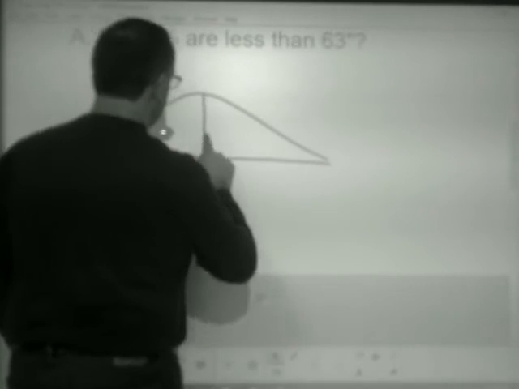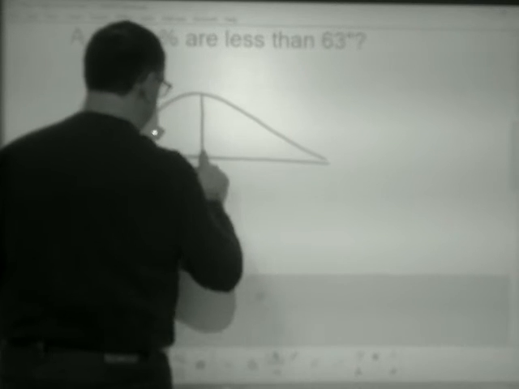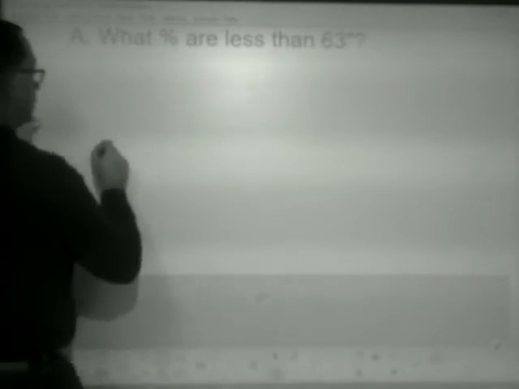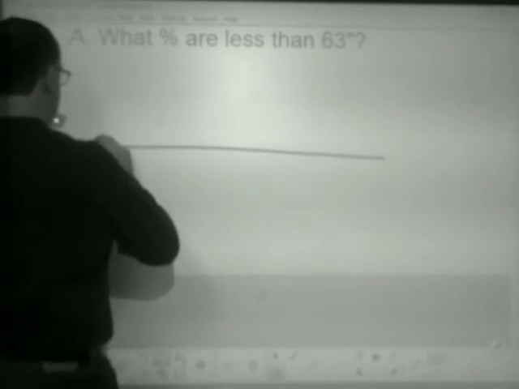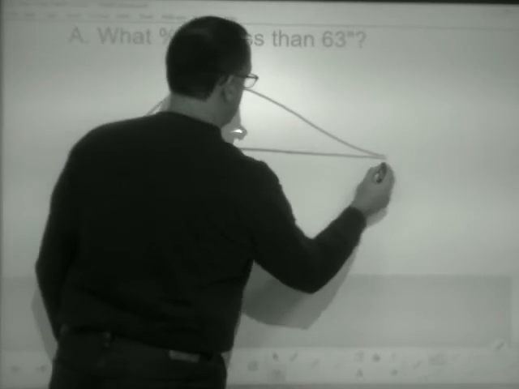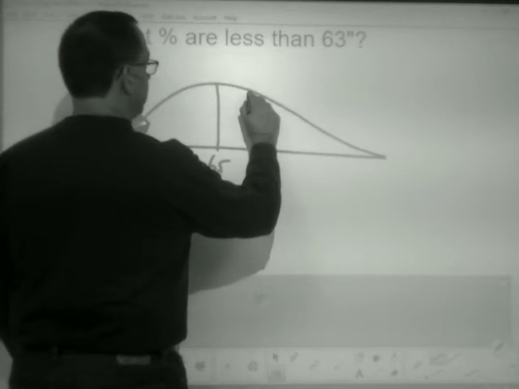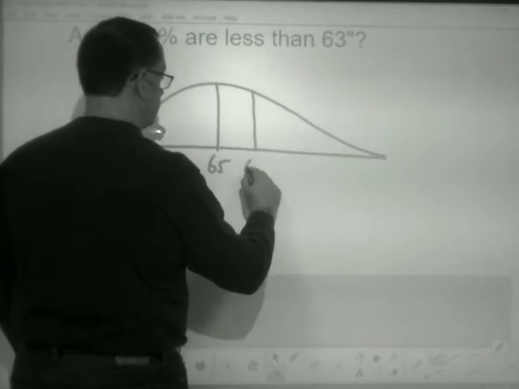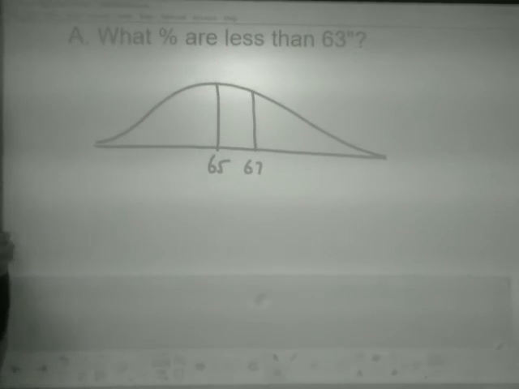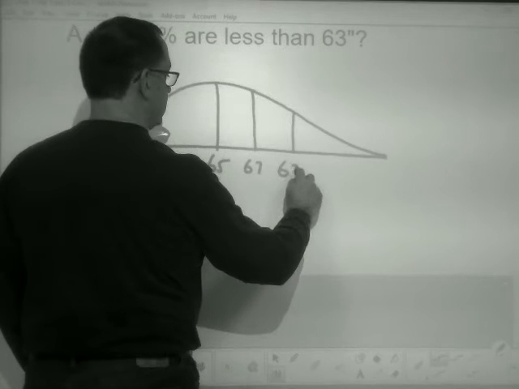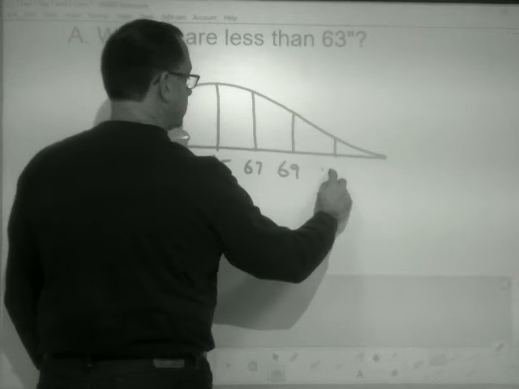So I mark the 65. So 65 is in the center. Standard deviation of 2. So 65 plus 2 would be 67. Plus 2 more, 69. Plus 2 more, 71.